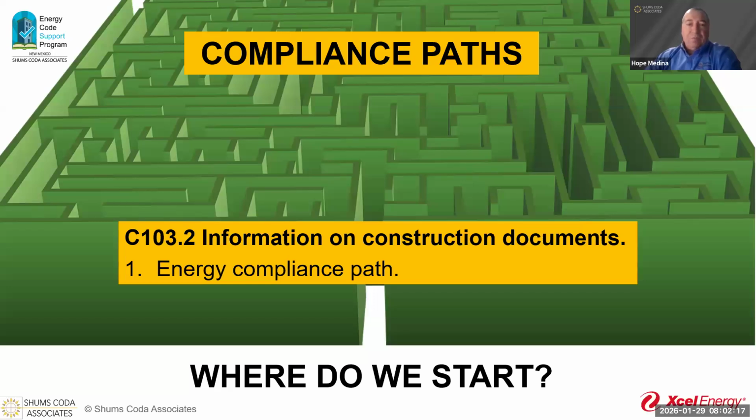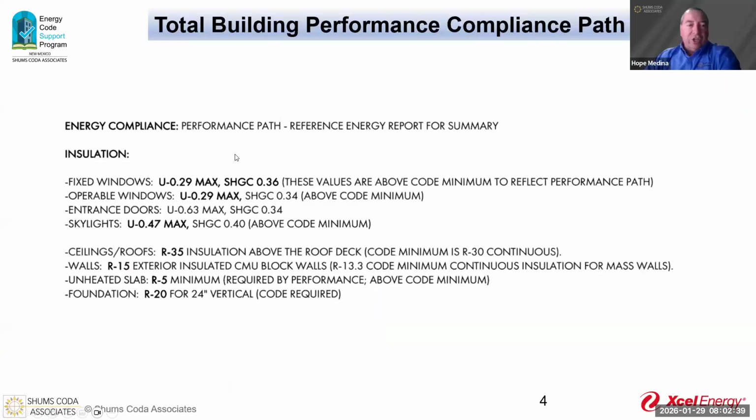C103.2 is the starting spot for the folks in the office doing plan reviews, and it's the starting spot for us out in the field when we're doing inspections. We need to know which compliance path we're looking at, how we're going to be inspecting, what we're going to be inspecting to, whether it's for prescriptive or alternative or a building trade-off. Without that information, we just can't do our job.